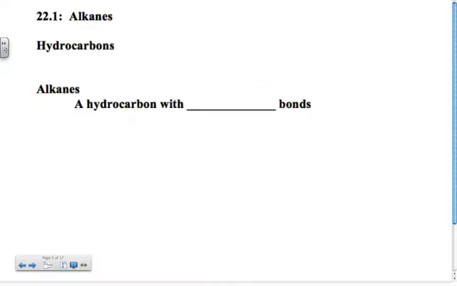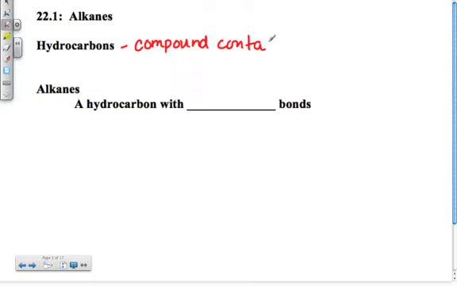So alkanes are hydrocarbons. Well, first of all, let's talk about what a hydrocarbon is. A hydrocarbon is a compound that contains only hydrogen and carbon. And there are three different classes of hydrocarbons.